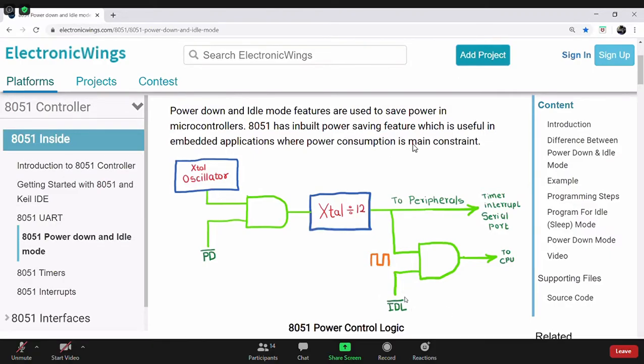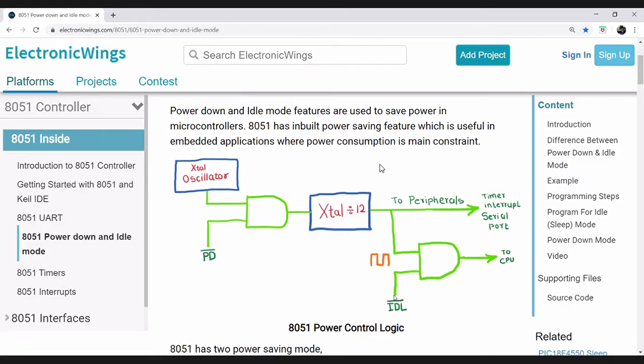It is a complement, so is it active high or active low? This is active low, right? Because there is a complement here. Always when you see a pin with the complement, that means it's active low.